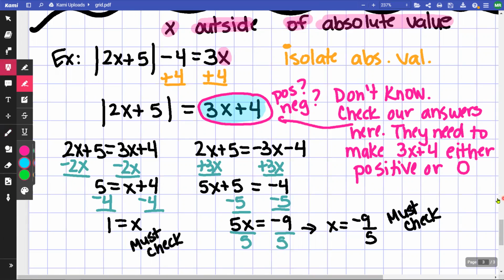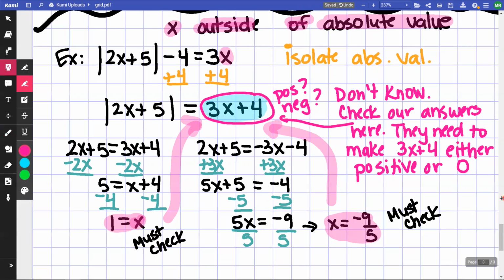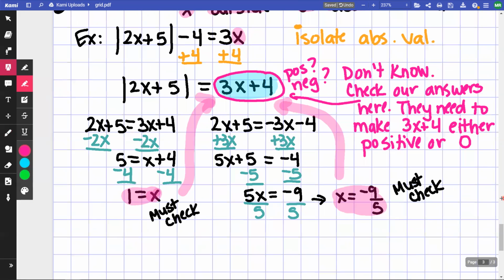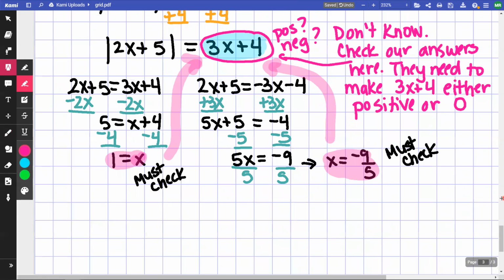So I'm going to take this and this and check it here and here. So I don't need to check it in the original. You check it where your absolute value is isolated.